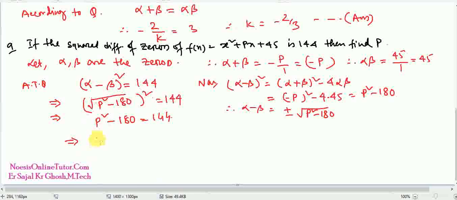This becomes p square equal to 324. So p is equal to plus minus 18. So this will be the answer. Okay, so the question asked is the square difference of zeros. That means alpha minus beta whole square equal to 144.